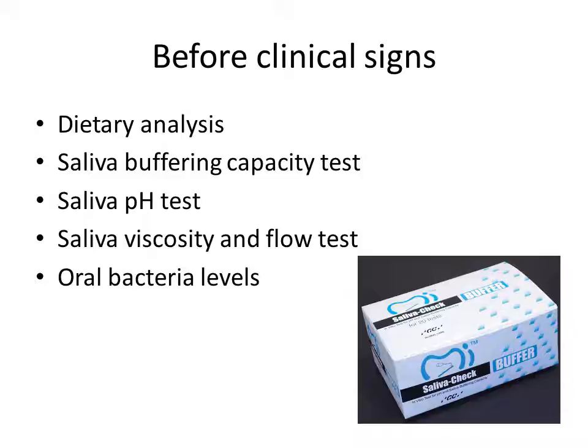So oral bacterial levels are relatively more difficult to conduct in a clinical setting, but the other points on this screen can all be done chairside using very low technology and low cost products.